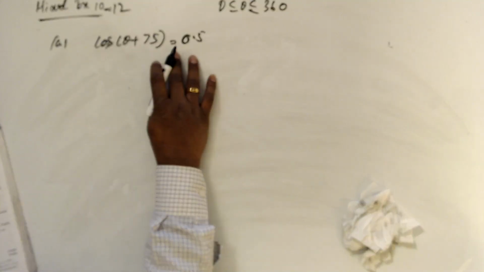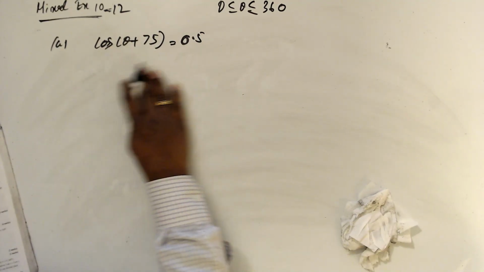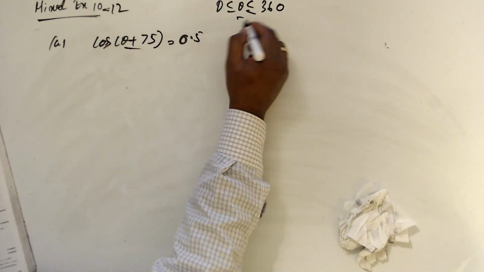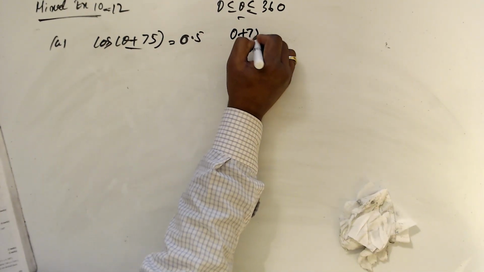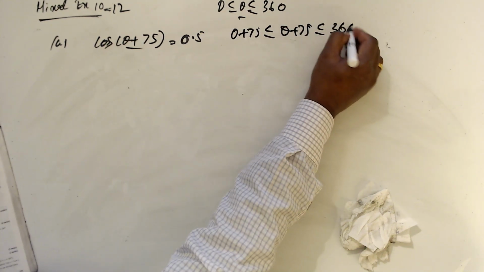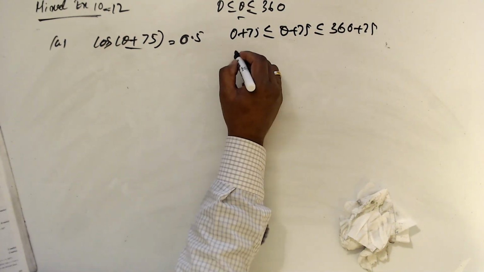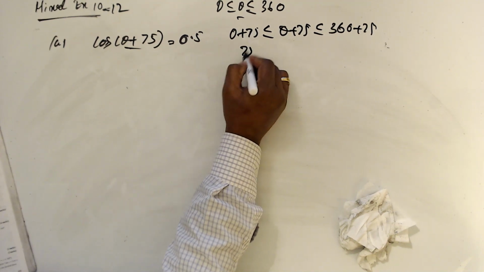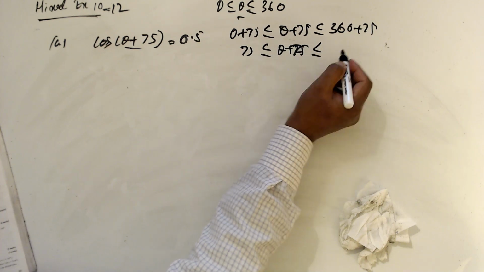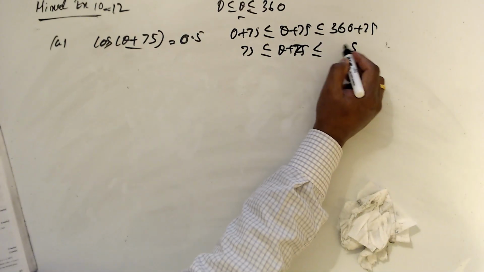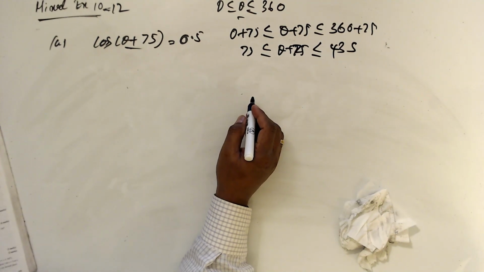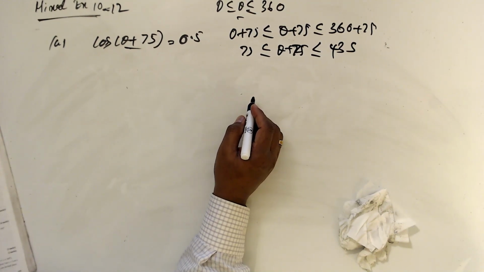Cos of theta plus 75 equals 0.5, we need to solve, and match with the angle range as well. So 0 plus 75, theta plus 75, and 360 plus 75. So this is 75, theta plus 75, and 435.